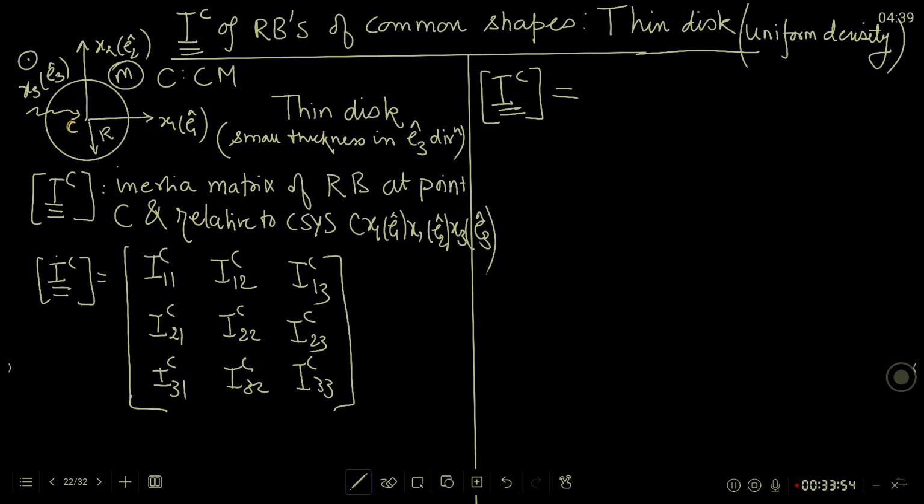So the disk is thin in the direction perpendicular to the screen, and indeed the direction perpendicular to the screen is the direction of E3. The entire disk lies in the plane of x1, E1 and x2, E2. Now I have to find all these 9 numbers here. This is the assignment. This is what I am expected to do.